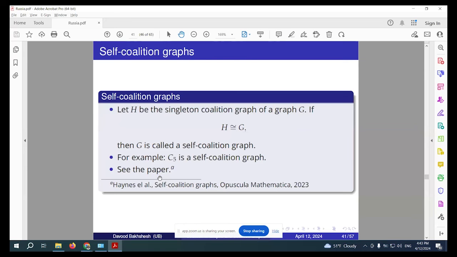What are self-coalition graphs? The self-coalition graph is defined based on the singleton coalition graph. Let H be the singleton coalition graph of graph G. If H is isomorphic to G, then G is called a self-coalition graph. For example, C5 is a self-coalition graph.